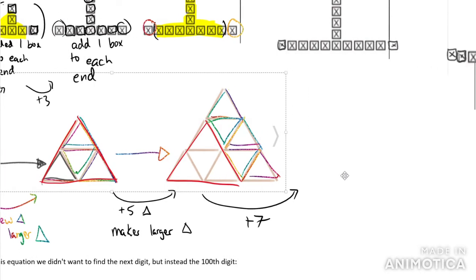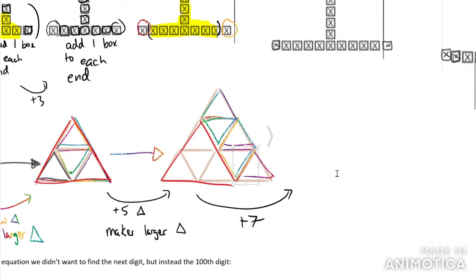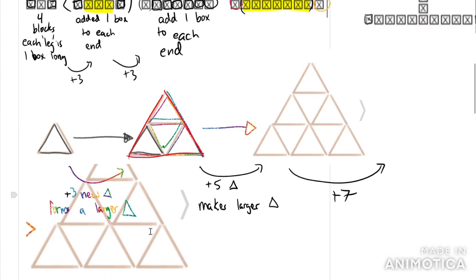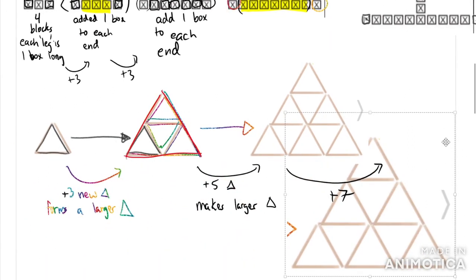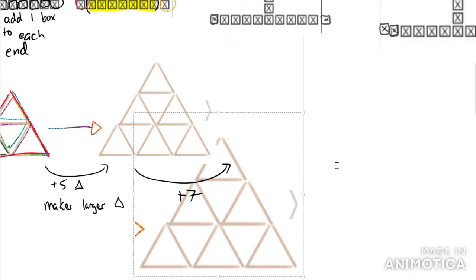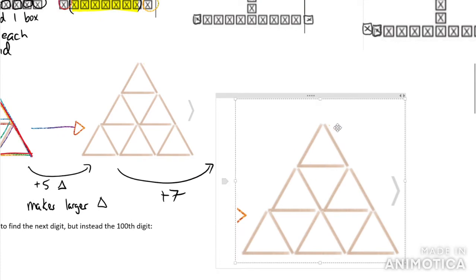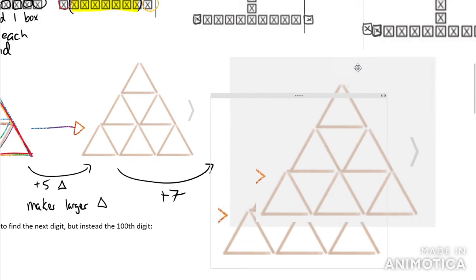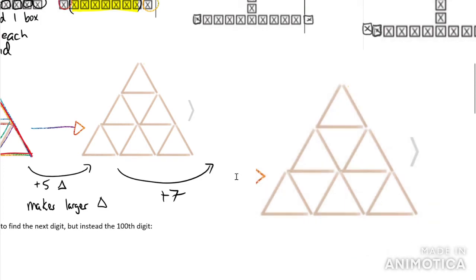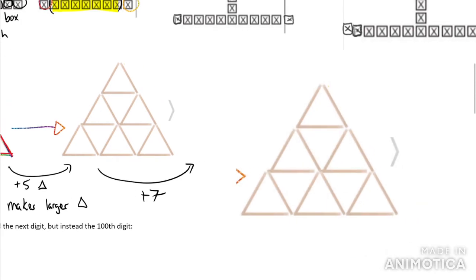But let's do it a slightly different way. Let's actually just draw what we can imagine the next pattern is. And to do that, again, I'm going to use my screen capture. I'm going to make this triangle over here. There we go. And from here, I'm going to look for this shape here.